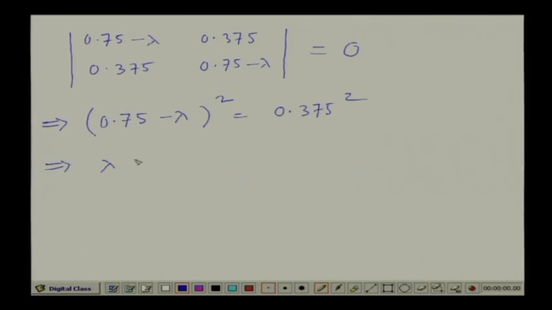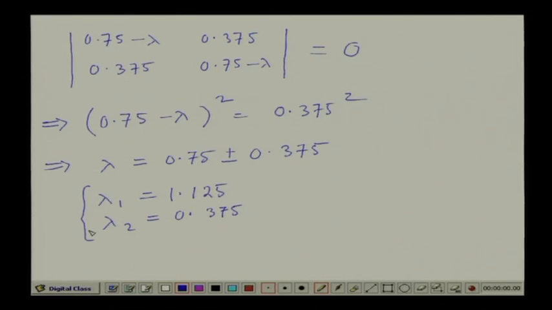The lambda comes out to be 0.75 plus minus 0.375, whereby we get lambda 1 is equal to 1.125 and lambda 2 comes out as 0.375. So, these are the two eigenvalues of the covariance matrix Cx in this particular case.